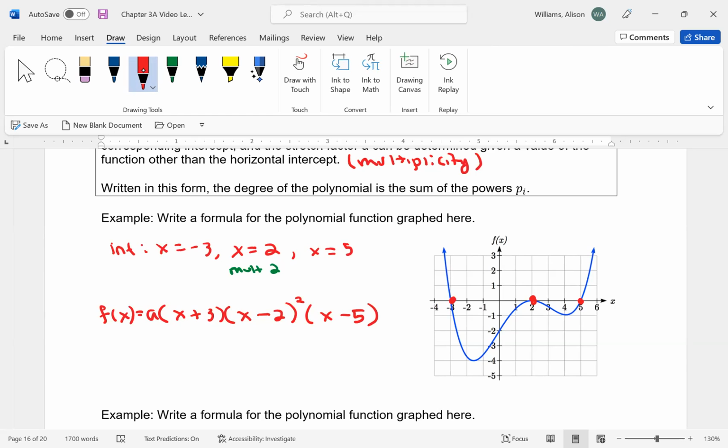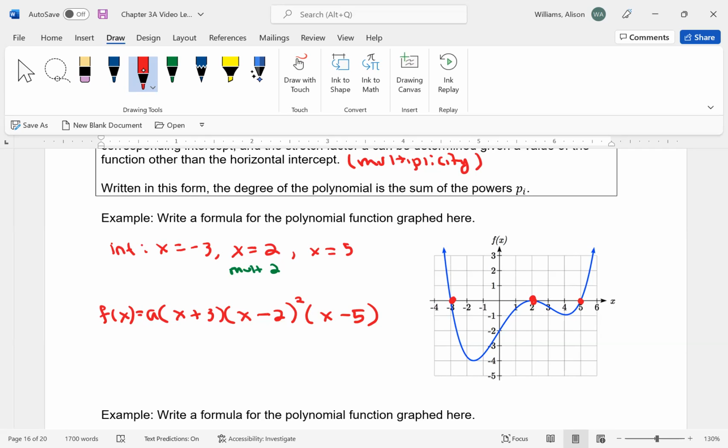The only thing I don't know is what a would be. All of those factors are coming from the horizontal intercepts. And then I'm putting the square just based on the fact that I understand the multiplicity of 2 kind of does that. It touches the point and then bounces off of it.